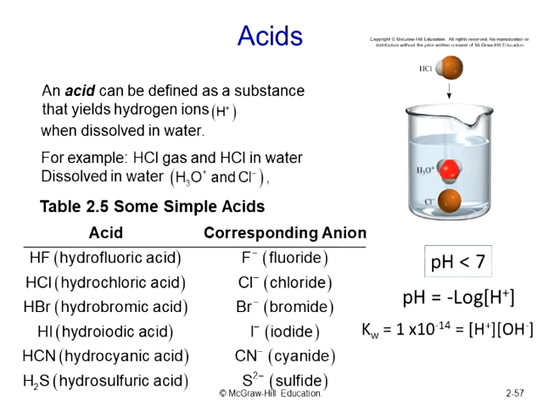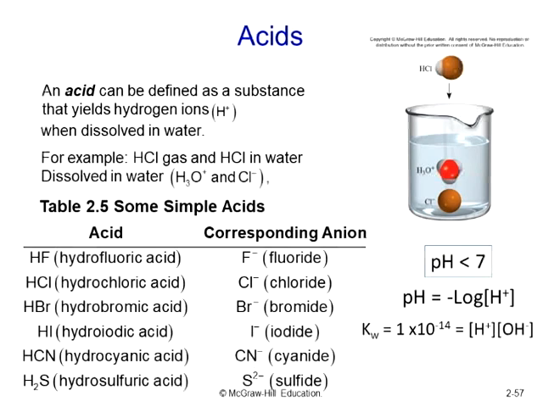In the case of HCl, for example, we dissolve it in water and we produce a hydronium ion plus chloride ion. This table shows you many of the other acids of this type. Again, the expectation is that you can look at these and memorize them on your own.